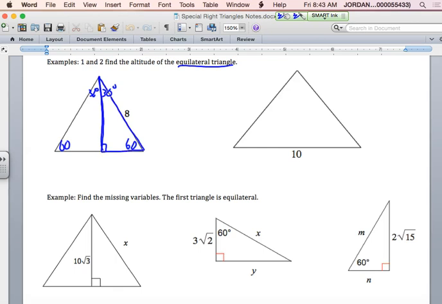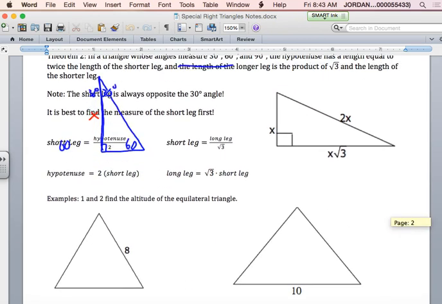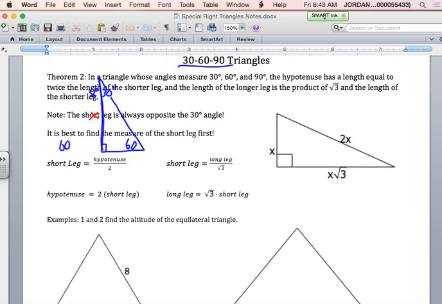okay, let's figure out now what the altitude is. Okay, the altitude, of course, is this. So on this right triangle, we know the hypotenuse. Right? Well, our formula up here tells us that if we know the hypotenuse and we want to find the short leg, we just take the hypotenuse and divide it by 2, and that'll tell us the short leg.